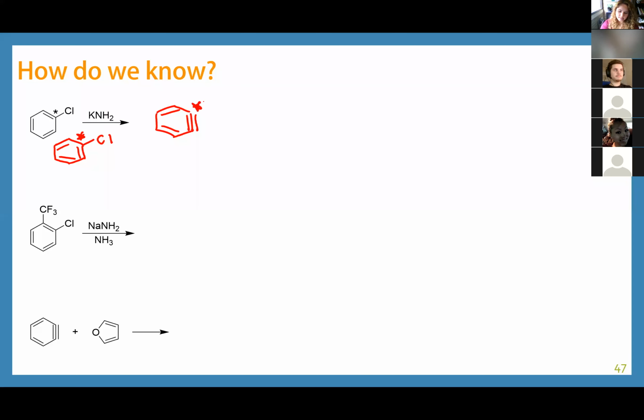Benzyne is unlikely to be collected, like you're not going to be able to stop the reaction and say, ah, I have benzyne. It's going to continue to react. So you react it with more potassium amide in the presence of ammonia.